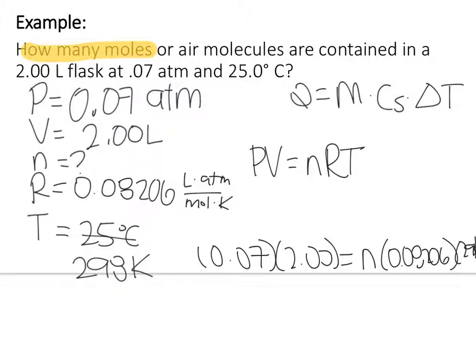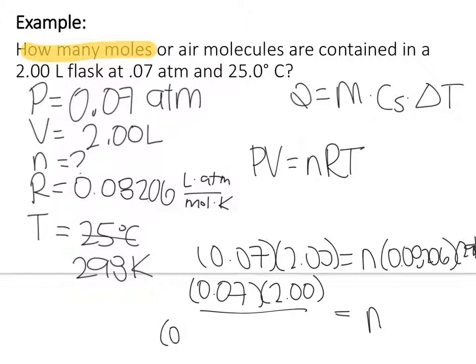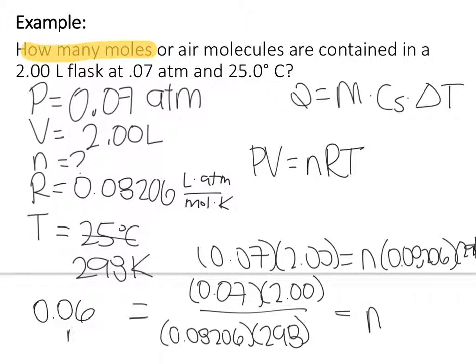So then our n is 2.00 over 0.08206 times 298. Solving for that, you get 0.06 moles. Yay, that's our answer. Yay, ideal gas law.